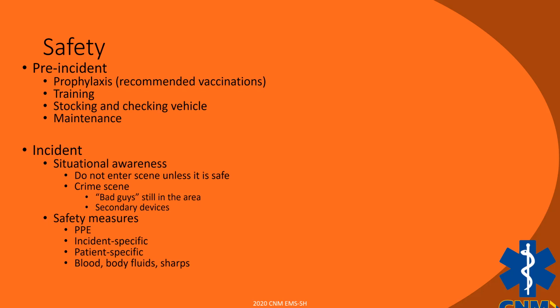Training, whether it's training on safety or just training on working within an environment, training with scenarios with unknown data points and unknown outcomes, stocking the vehicle so that it has everything it needs so we can respond as quickly and safely, and even maintenance on the vehicle, making sure that the tires are inflated appropriately, that our lighting systems are working, that the engine's going to run to the scene as we need it to. All these things go into playing out our safe scene interactions just as much as our awareness.